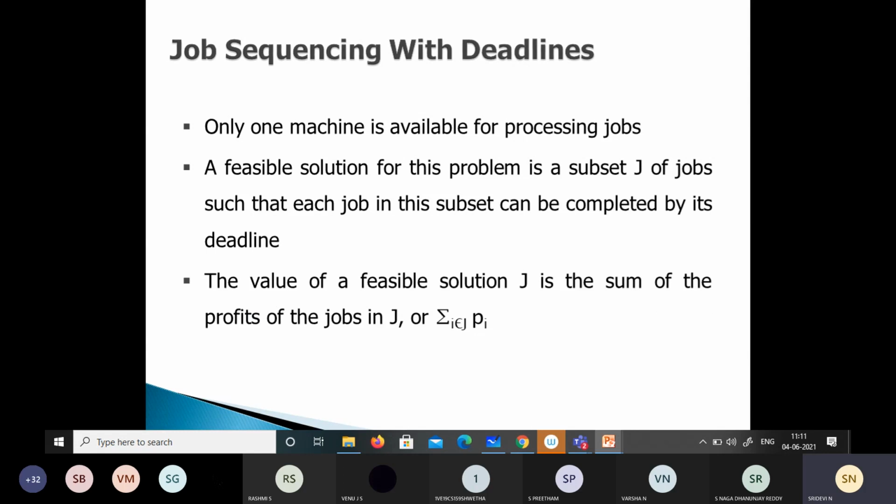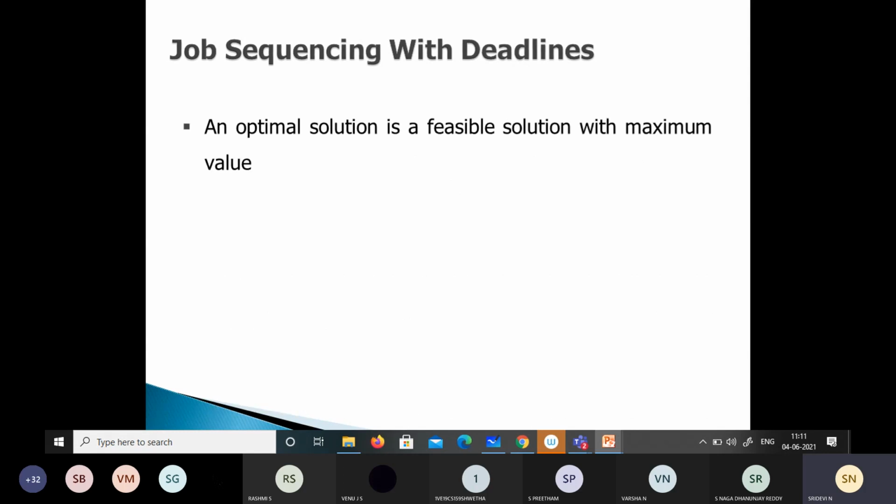An optimal solution is a feasible solution with maximum value. If we are able to generate maximum profit, then that becomes the optimal solution, because you can have multiple feasible solutions, but any feasible solution with maximum value or maximum profit will become an optimal solution.